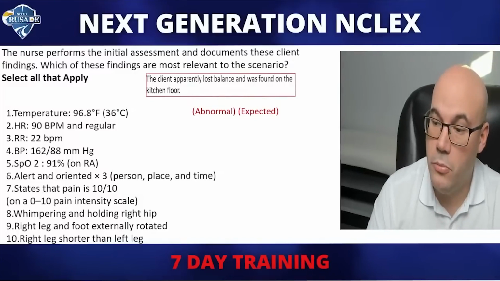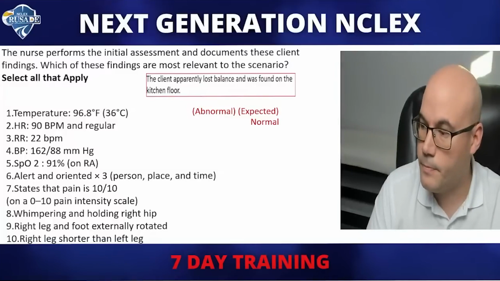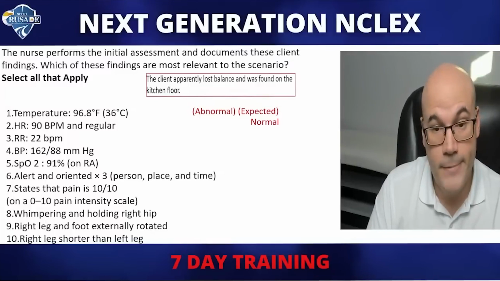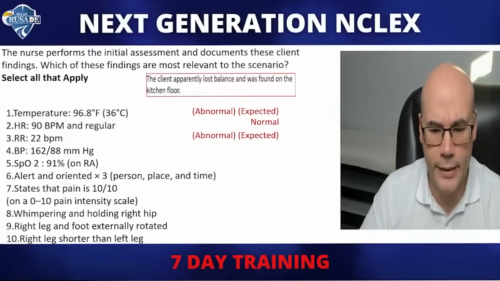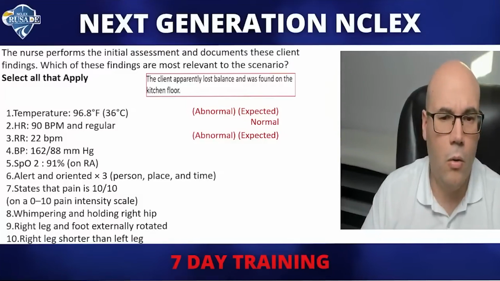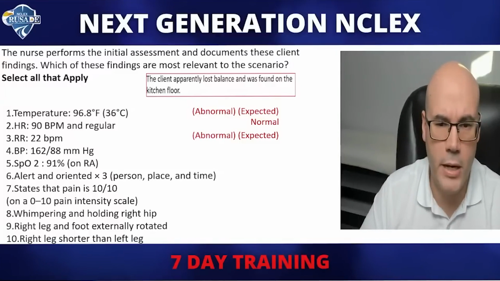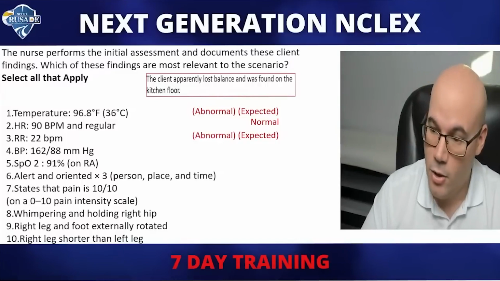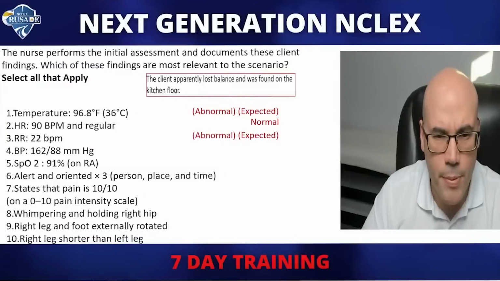Number 2, the heart rate of 90, well, that is normal. Number 3, a respiratory rate of 22. This is abnormal, but is expected. Well, why, Professor Ray? Why is the respiratory rate of 22 expected? Think about it. Look at all the clinical findings. The patient is in severe pain.